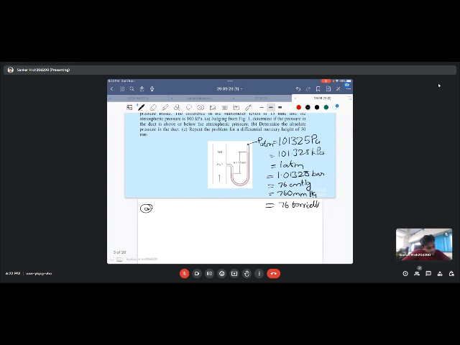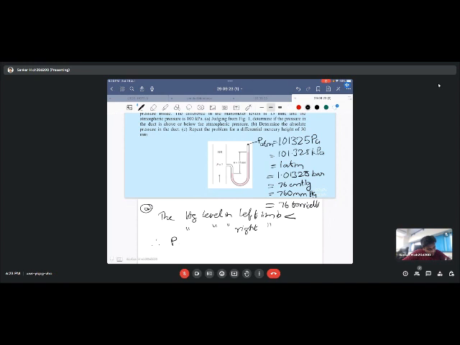Therefore, judging from figure 1, we can say that the mercury level in the left limb is lower than the mercury level in the right limb.